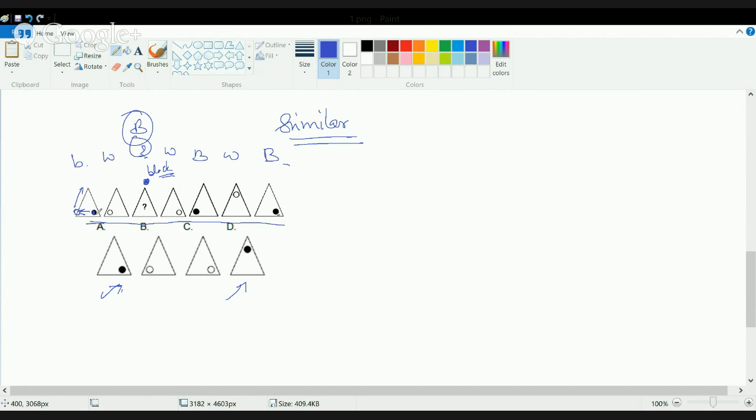Now we have seen the rotation. The ball is moving within the triangle in a particular fashion. If we continue to assume this fashion, the location would be at the top of the triangle. So D would be the correct choice here. So we can see this is just changing the position.